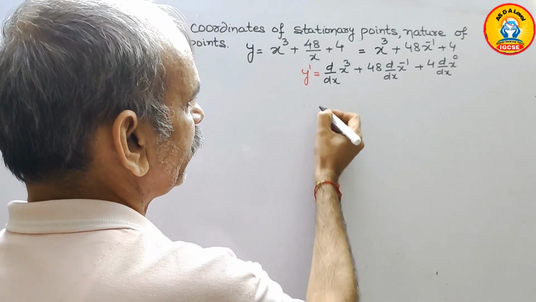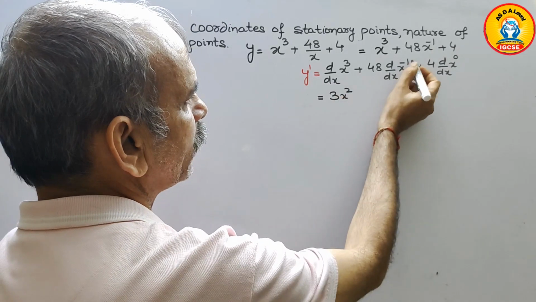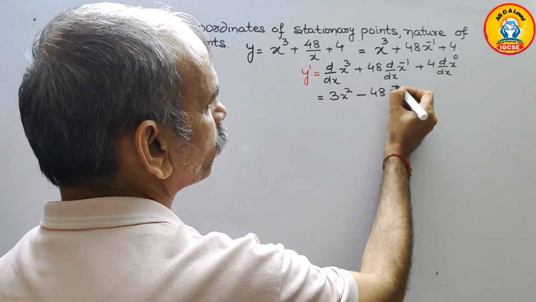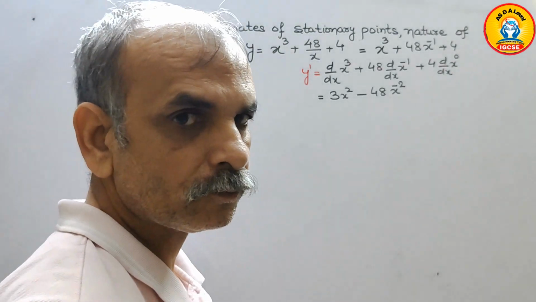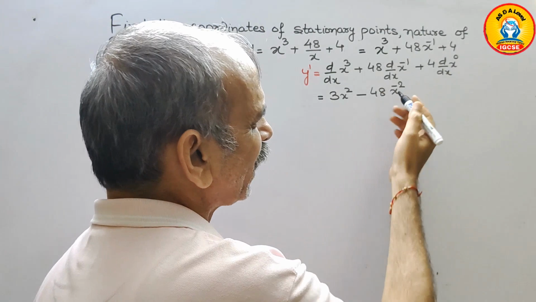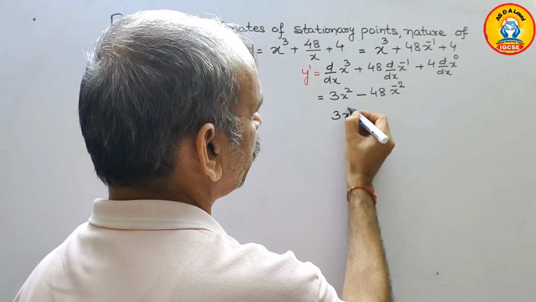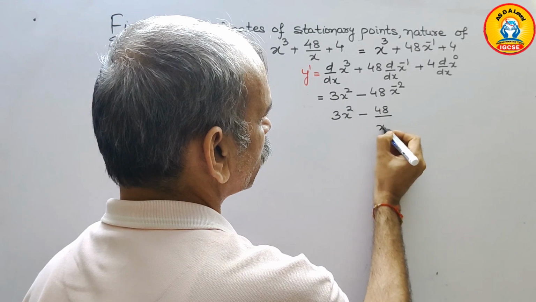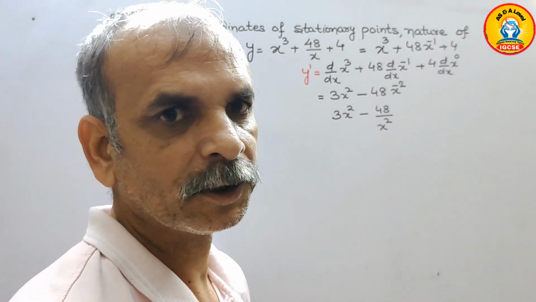If you differentiate, we will get 3x square, minus 48 x to the power of minus 2, and this will become 0. Now again we can rewrite it: it will be 3x square minus 48 by x square.